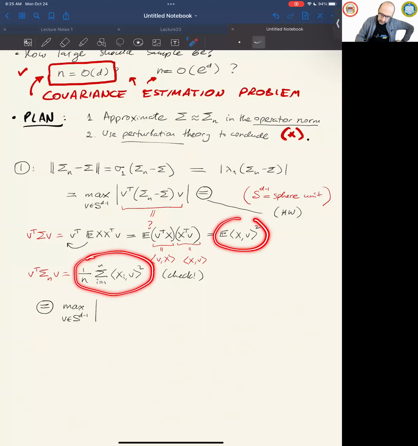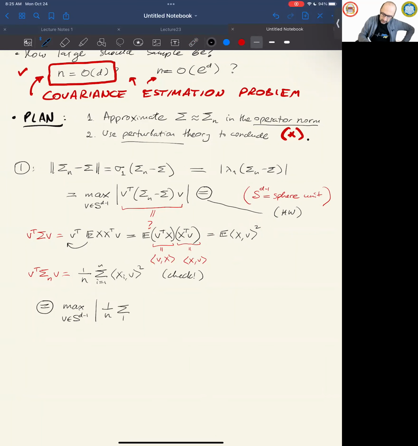This is one number, so maybe I'll put it inside. Actually, I think it's this: the sample average of <x_i, v> squared minus the expected value of <x, v> squared, yes. Good. Some boring computation, but here it is. Now this is a little mess.